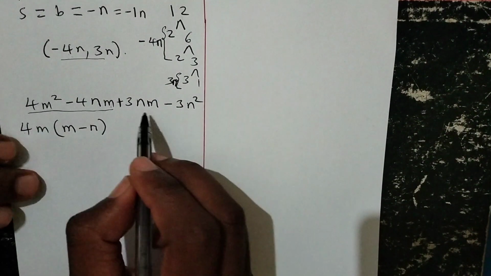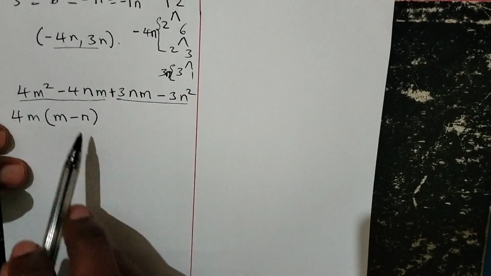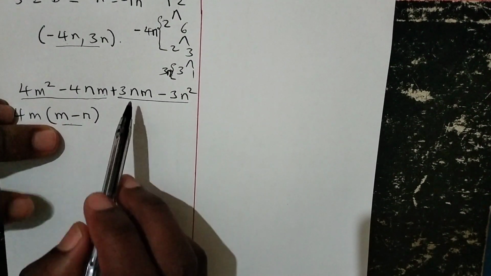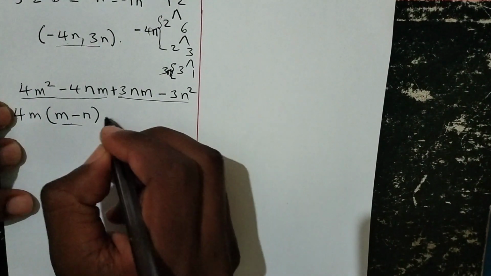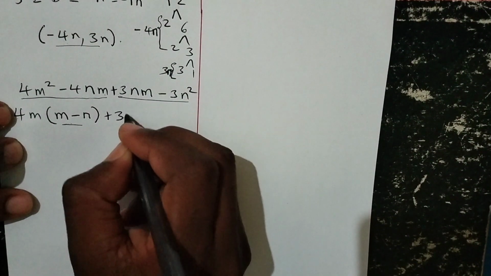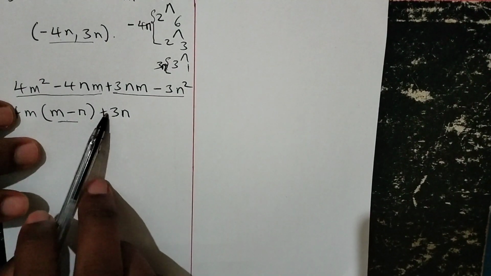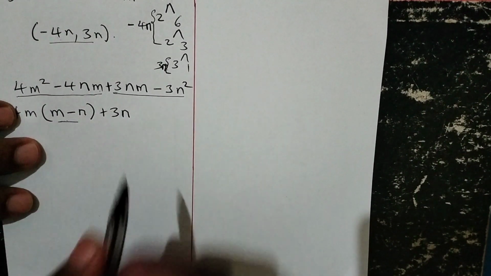Then I also check the common factors, but it should be in such a way that whatever I get in the bracket must be similar to m minus n. So you can see 3 is common for both terms. Then so I'll pick a positive 3. Then of course n is also common, so I'll pick positive 3n. So I'm picking the positive because I need a negative in between so that I get a negative.